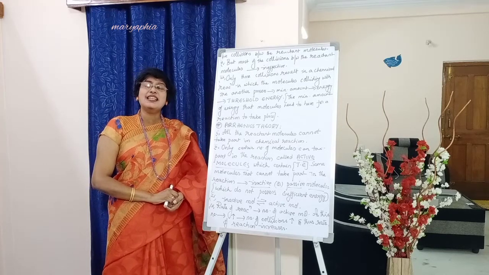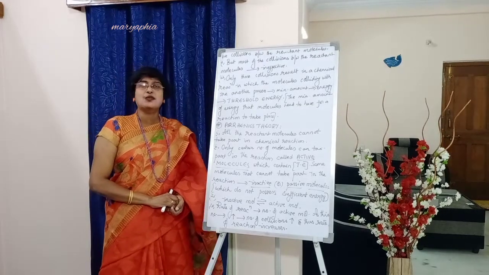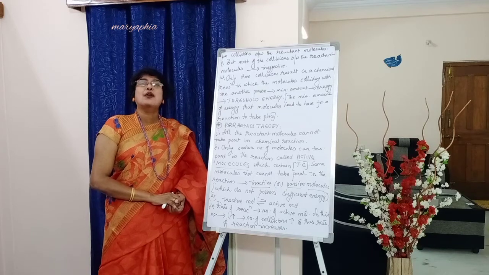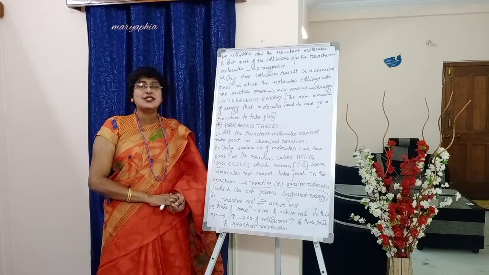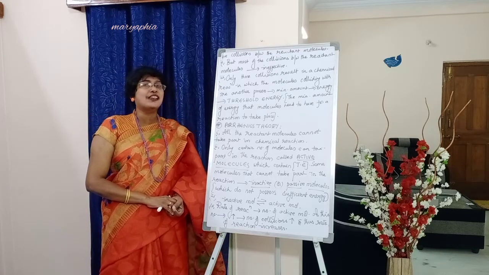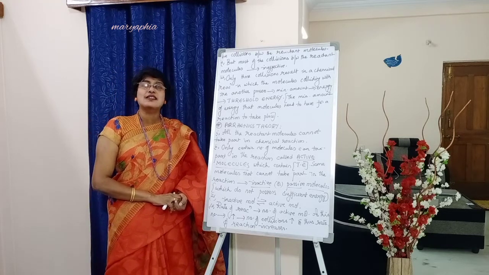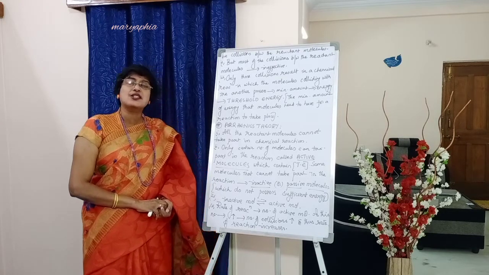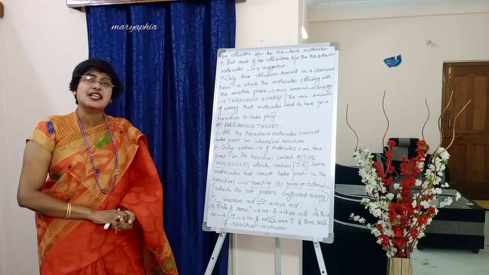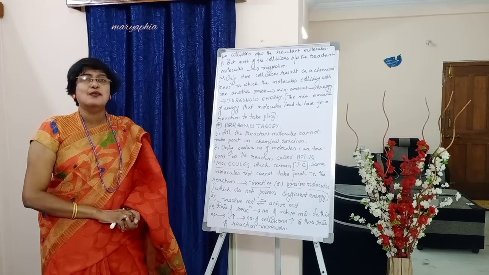But here in the case of molecules, how do we decide which molecule is active and which molecule is inactive? The molecules which contain threshold energy take part in the reaction, and we call these molecules active molecules. And some molecules which do not take part in the reaction are called inactive or passive molecules.